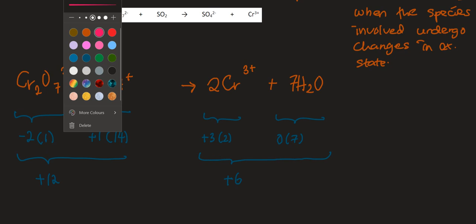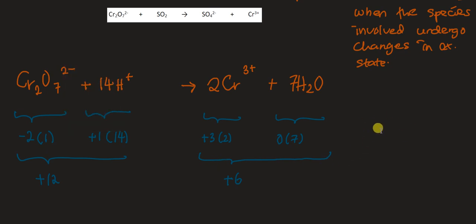If you find it difficult to visualize where to add, you can visualize it by drawing a number line. On the right hand side, the charge is +6, so I'm going to put +6 right here. And on the left hand side, we have +12.